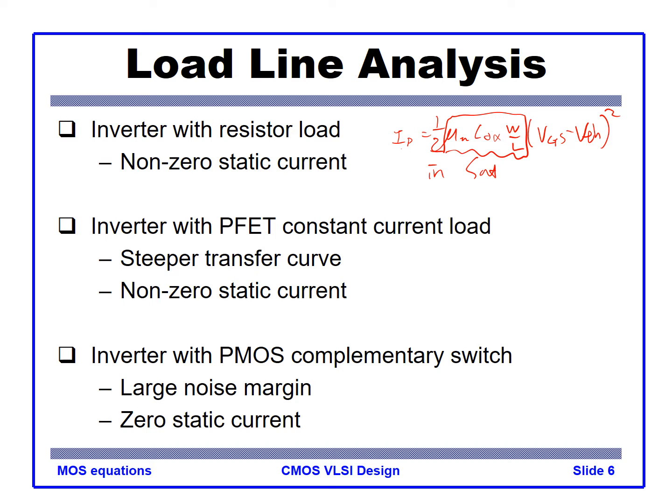But one simple way to know this relationship is that first we apply a known current, let's say 1 milliamp, for a known device size, for example, 10 micron over 1 micrometer device.